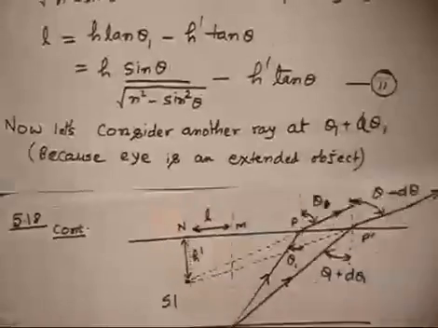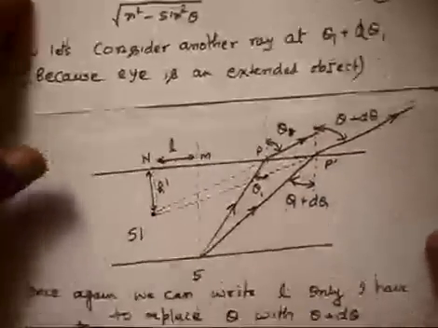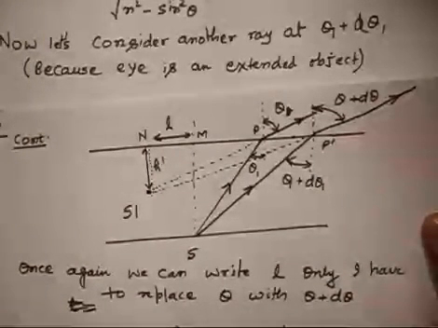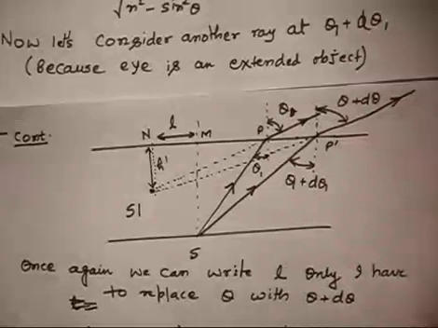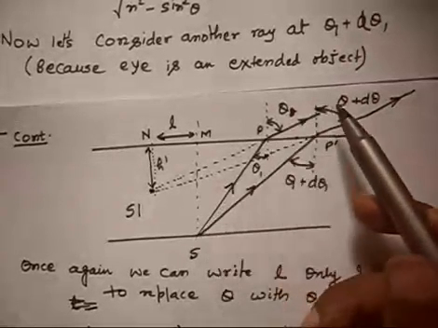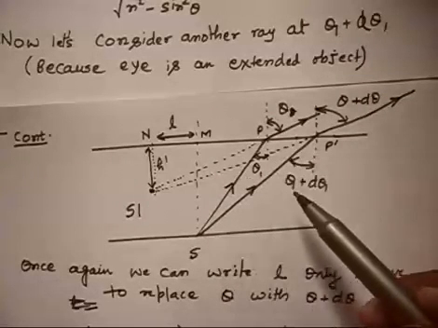Whatever we have said, we can put into this diagram. So you just copy this diagram and then we'll discuss further. From S we have already considered this ray that is at theta 1. Now we will consider another ray that is at theta 1 plus d theta 1.